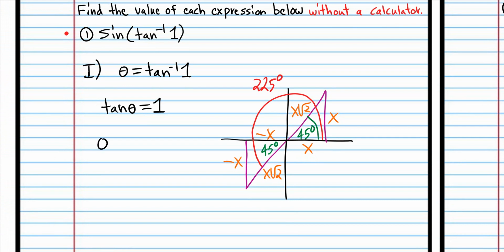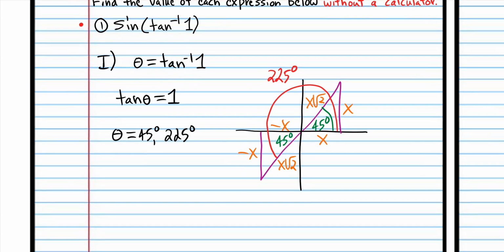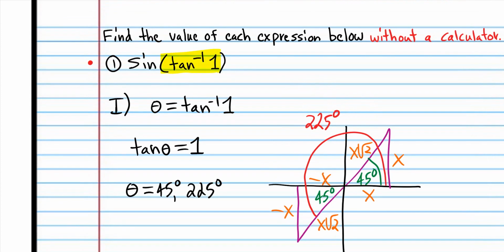So usually when we're solving equations like this, we're looking for the solutions between 0 and 360. So we have 45 degrees and 225 degrees. But we're not looking for the solutions between 0 and 360. We're just looking for the value of tangent inverse 1. And when you're looking for the value of this expression outside the context of an equation, because again, we're not starting with an equation.